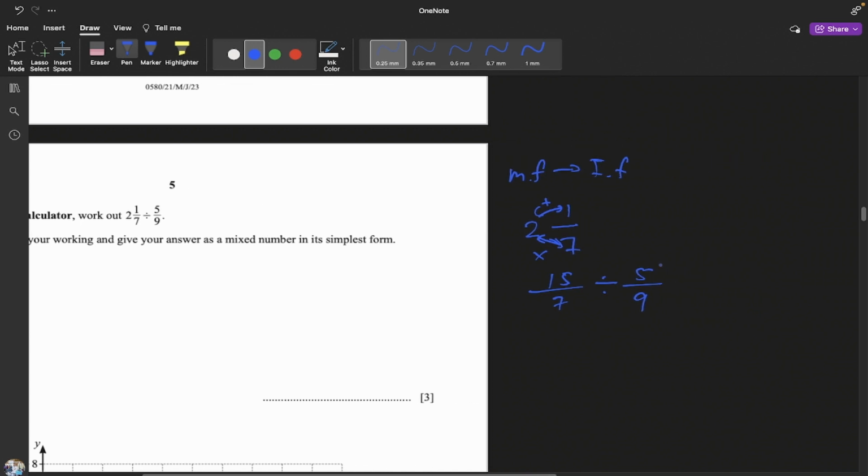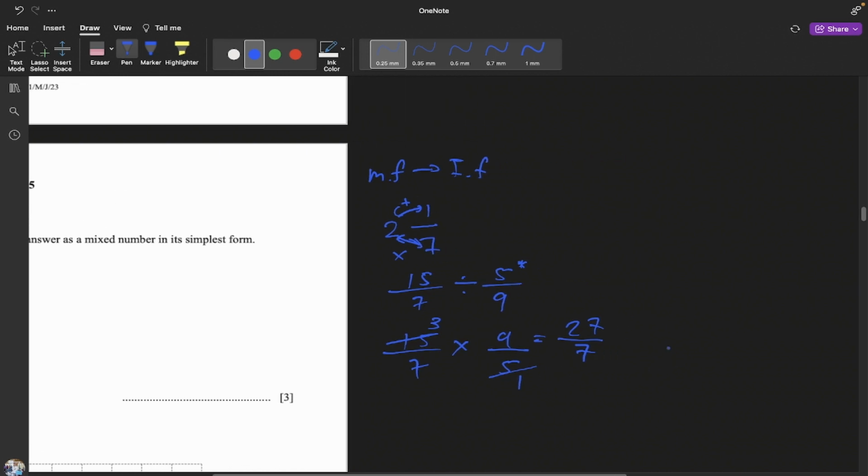You can reciprocate the second value and change this division sign into a multiplication sign. 15/7 multiplied by 9/5. Now you can cancel. 5 divided by 5 is 1. 15 divided by 5 is 3. 3 times 9 is 27/7. Can you cancel 27 and 7?